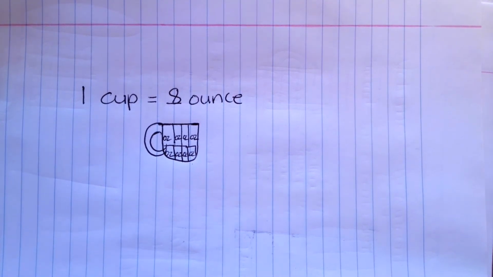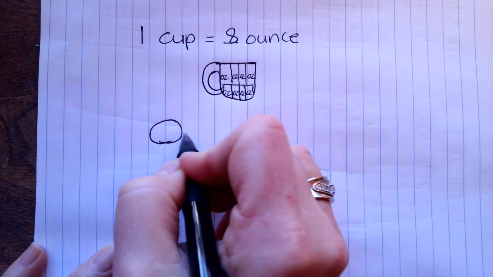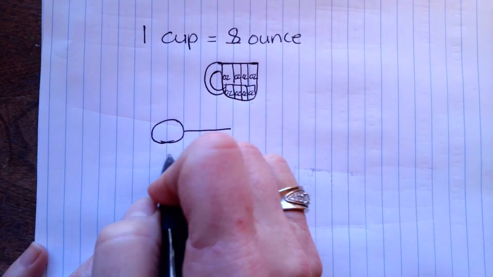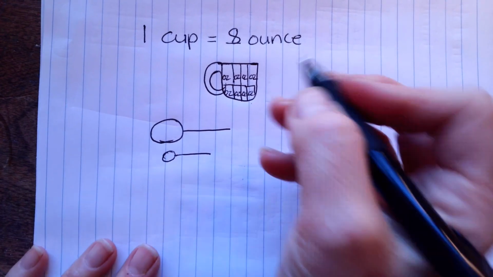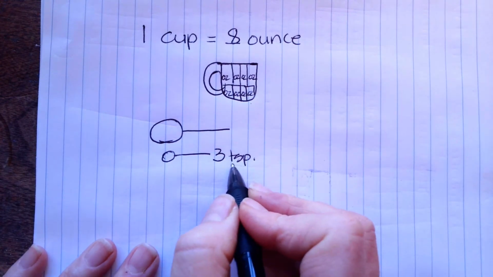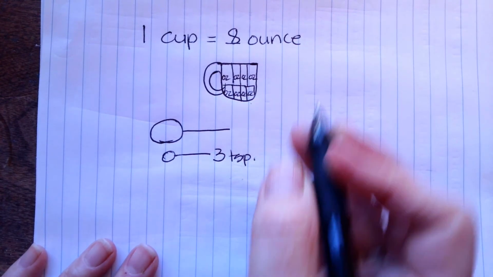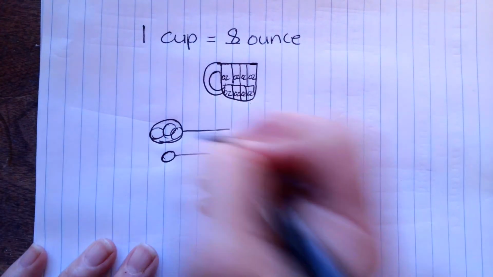Yep. Awesome. Now we have a tablespoon. So you've been cooking before and you've seen that there's a big spoon and there's a little spoon, right? 3 of these little teaspoons, we abbreviate it TSP, 3 of these would fit into here.